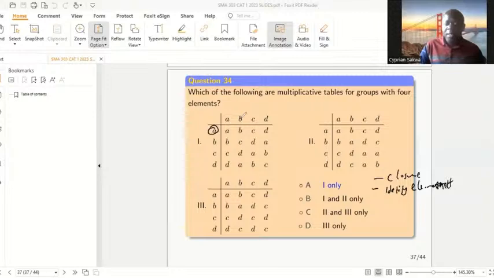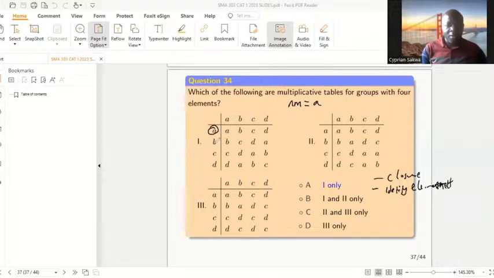So when I assume that A is the identity element, I want to see if every element has an inverse. Every element has an inverse. So the inverse of n shall be m if n times m gives me the identity. Let me see.